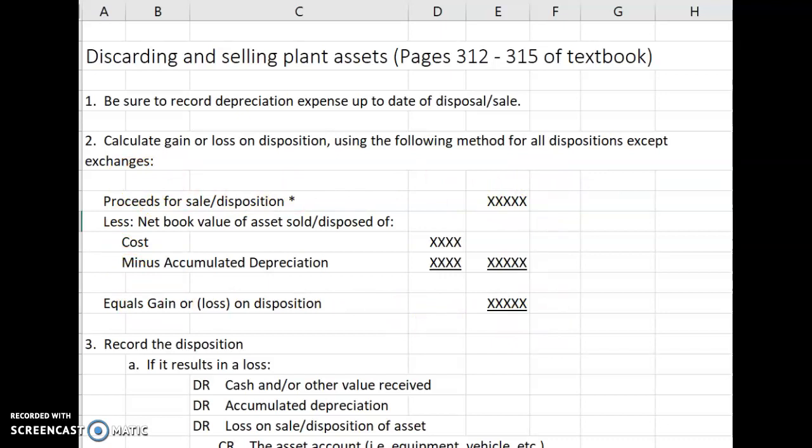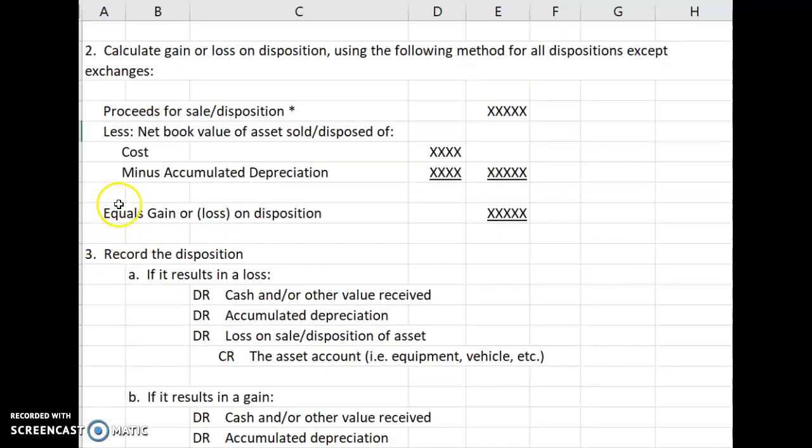Then the journal entry, if this calculation results in a loss, then you're going to want to make this journal entry. First, debit the cash or other value you received. Next, you need to get the asset totally off the books, and you need to get the accumulated depreciation totally off the books.